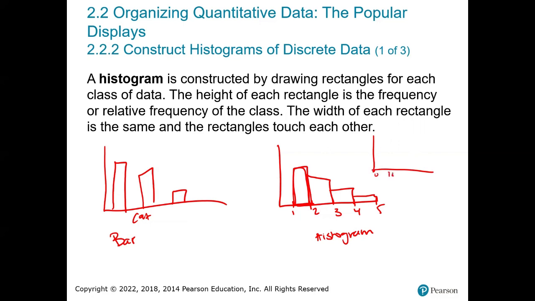Maybe we graph every 10 values together. Okay, so a histogram is going to look different because it's number data and we're graphing on a numeric scale versus a bar graph, which is just categories down here.